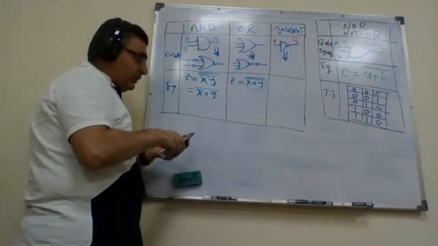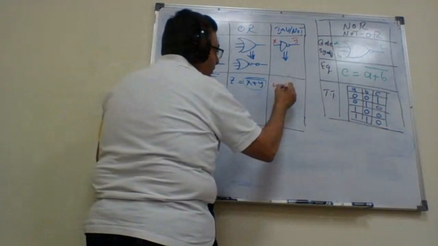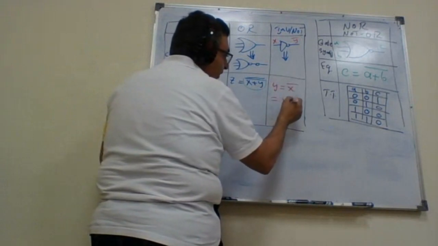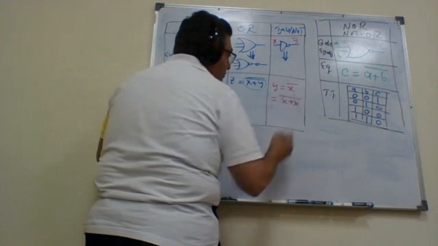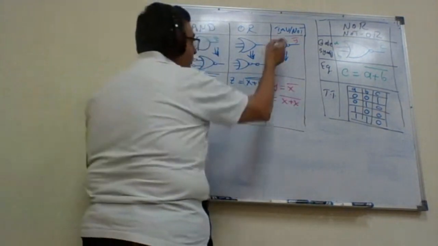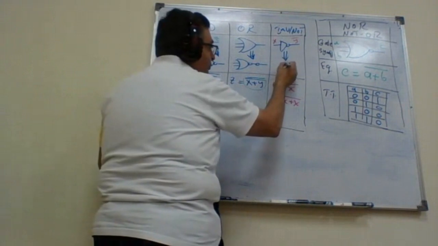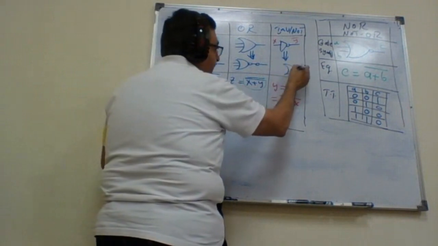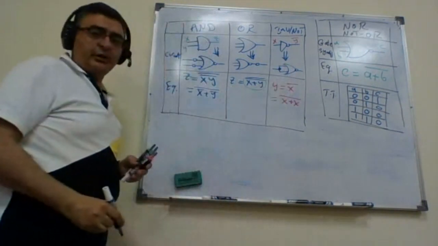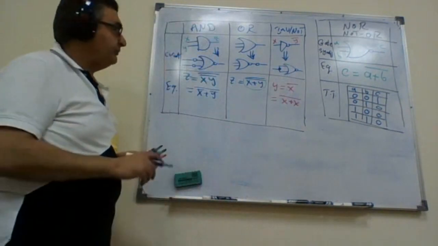From the Boolean algebra properties, X or X equals X. So I can replace X with X or X. That means I can convert the inverter through a NOR gate with both its inputs connected to the same input.